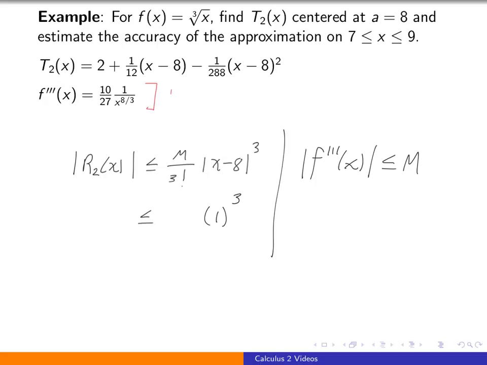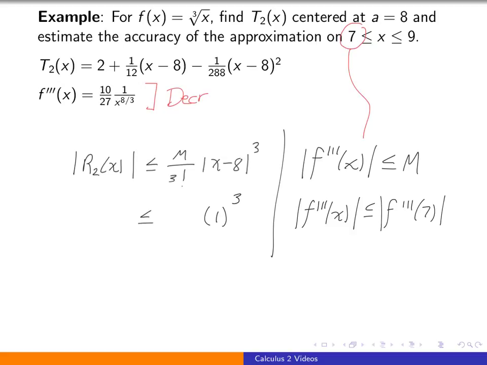So f triple prime is once again decreasing. So if I want to make that third derivative as big as possible, what we should plug into it is the left-hand endpoint, 7.